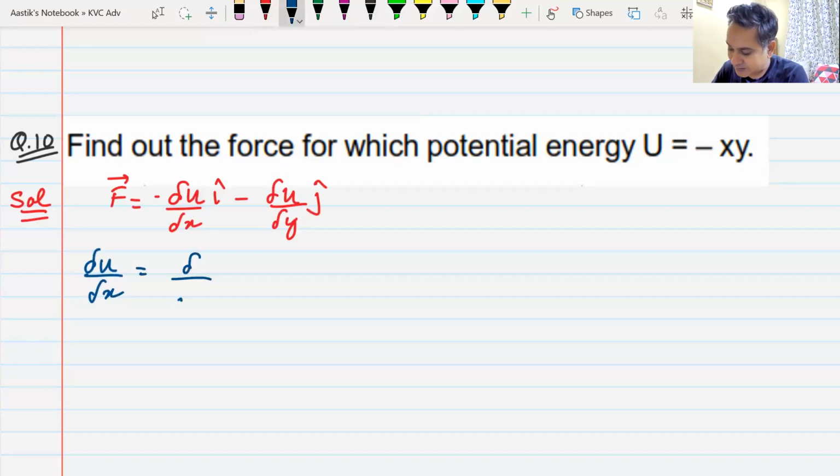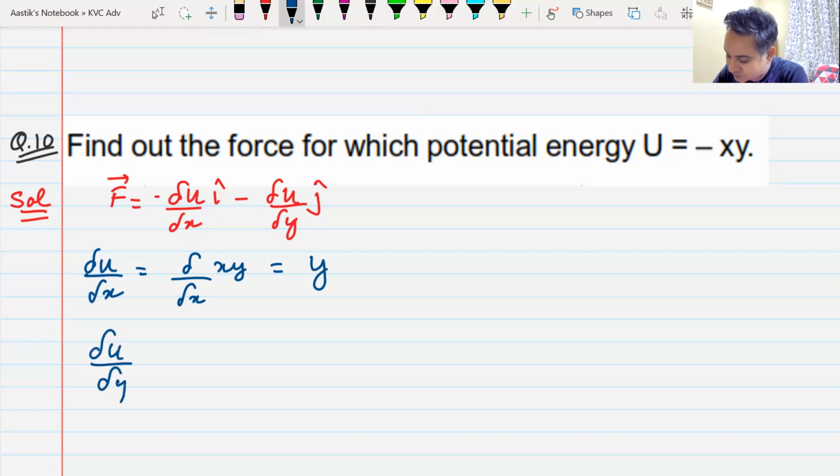So it is del by del x of xy. Remember, y is the constant. x is the variable. So y jumps out. Del x by x is 1. So you will get y here, my dear friends. You understand this? Yes, sir. y is the constant. It jumps out. Only x remains here.